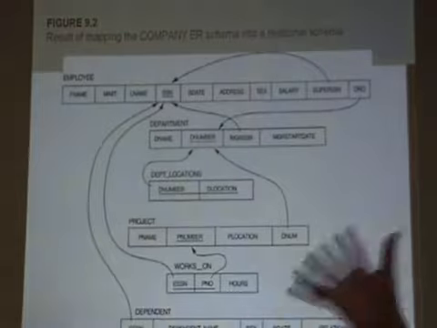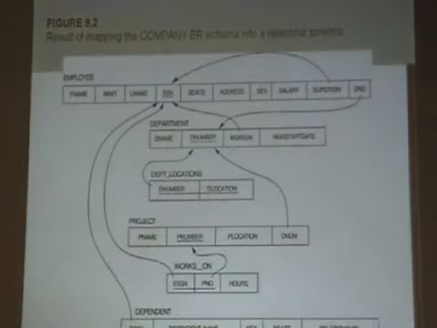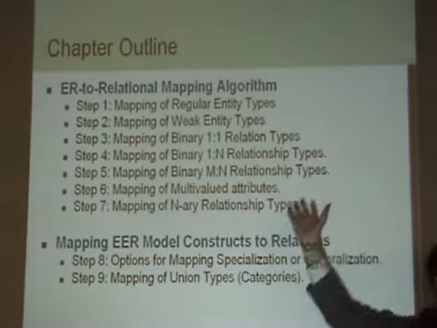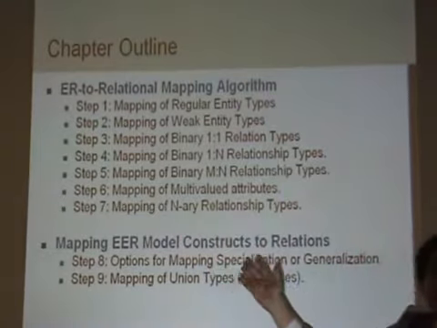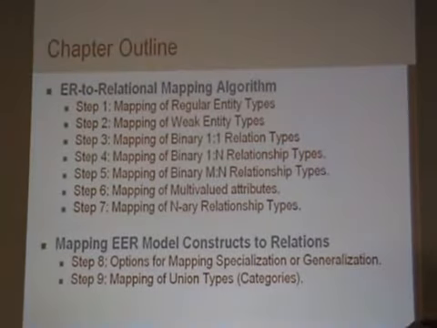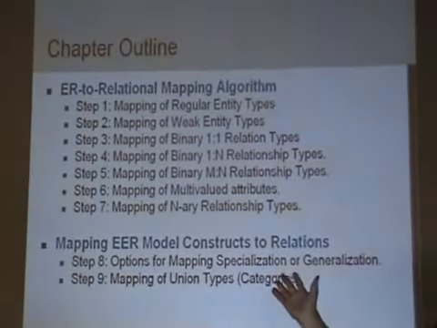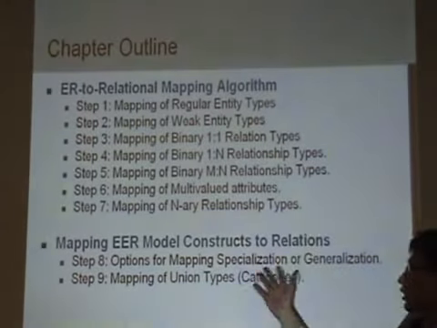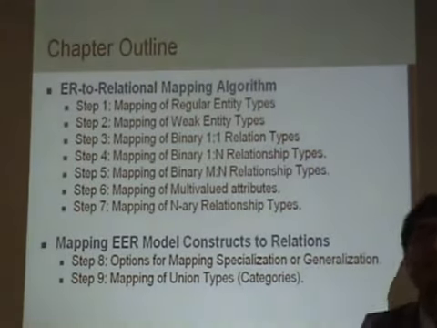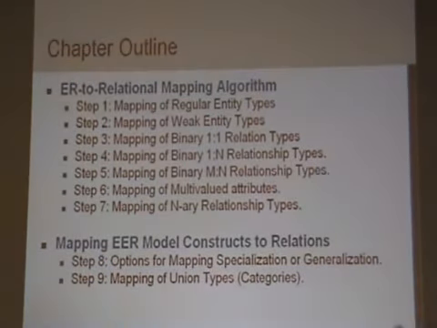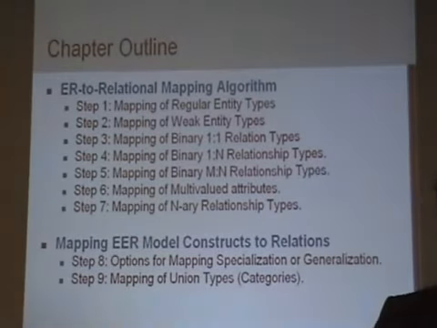Can you understand the goal of this chapter? So that's easy. How can we do that? Just follow the steps, from 1 through 7 for ER modeling and 8 and 9 for enhanced or extended ER modeling, specifically generalization or specialization. The reason why we consider the extended ER model part separately is that even though the relational database model is easy to learn and very effective to manage very large databases, it's not very flexible.